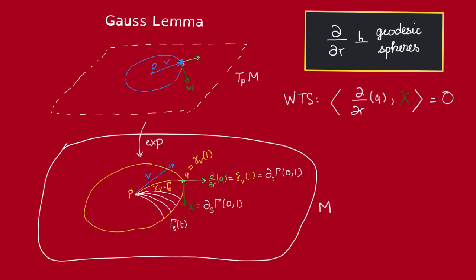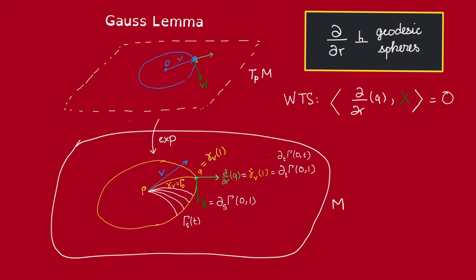So let's look at this vector field along gamma. It captures the change in the t direction. At level 0, it's just the velocity vector field of the curve gamma v. And so its value at this point 1 is just the velocity at Q, which is this radial vector. Then this vector field captures the change of this family in the s direction, and we'll see that this will correspond to x.